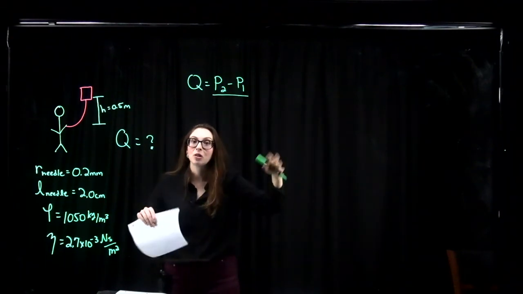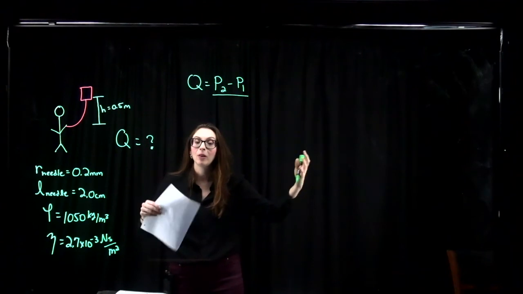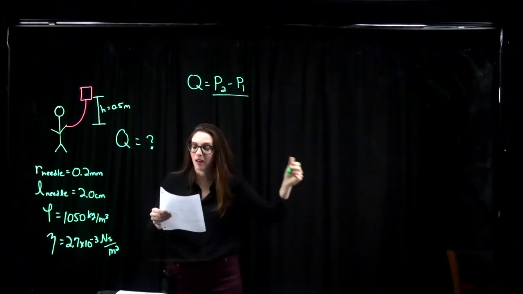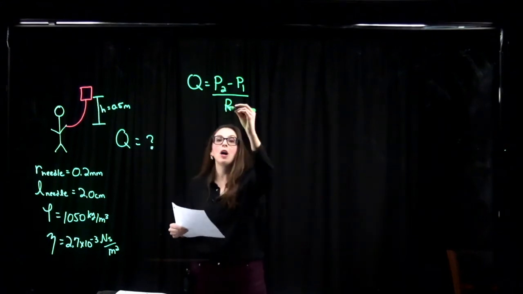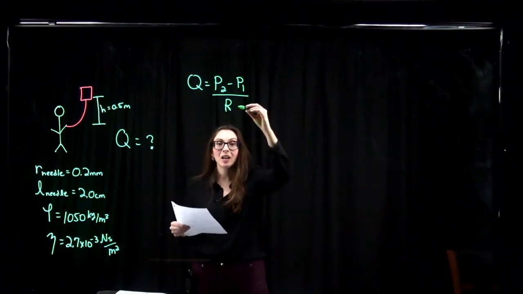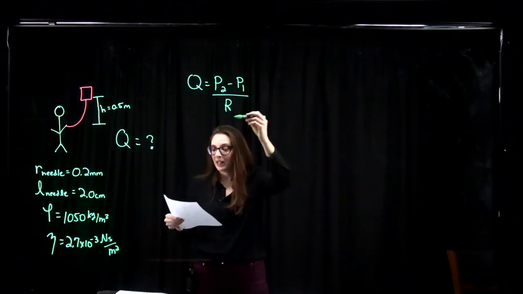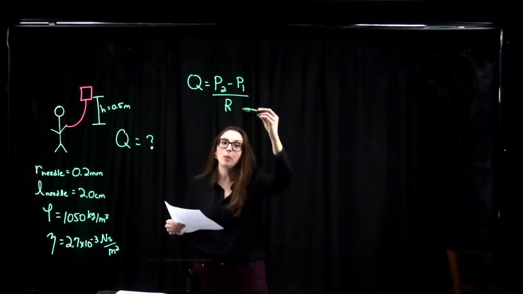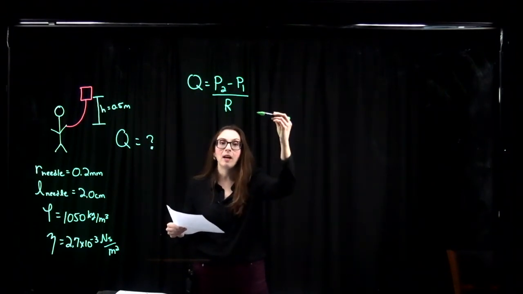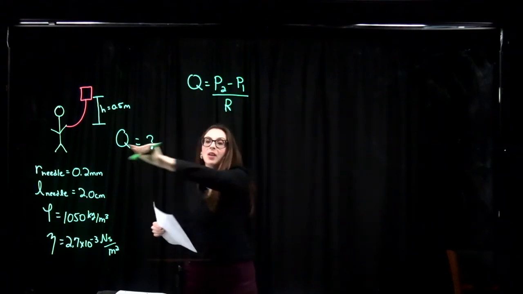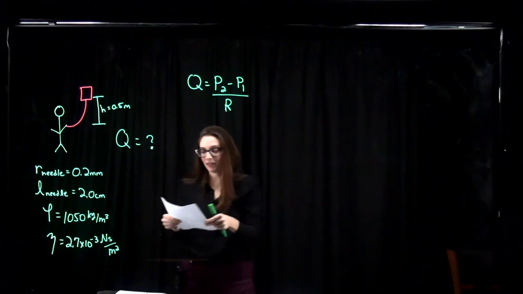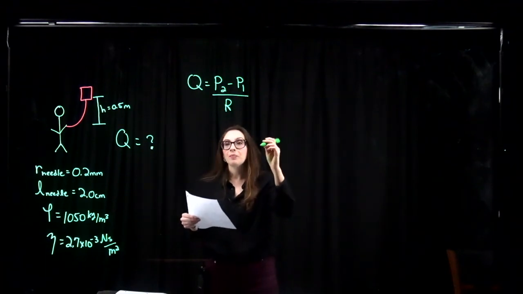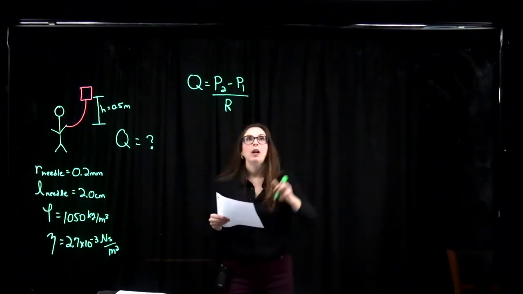That difference in pressure is supplying the flow or causing the flow of our blood, divided by this quantity R here, where R here is not the radius of our needle or tube. It is our resistance to laminar flow inside a tube. So inside that needle, the resistance of laminar flow inside that needle. Okay, so that's what we're looking for.